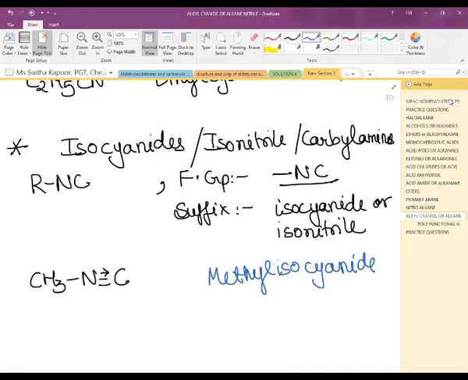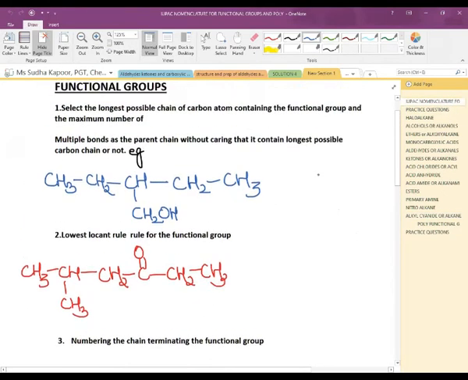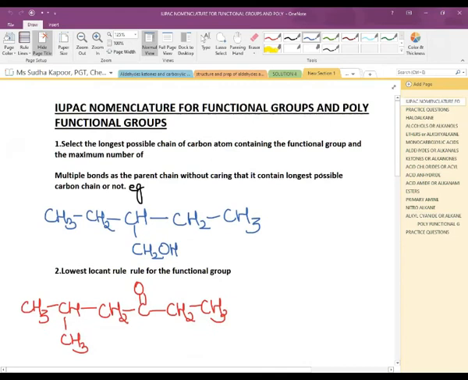Now we have to study the rules: how to name the functional group and how branching and other things get preference. Let us come to the various rules. The first rule: select the longest possible chain of carbon atoms containing the functional group and the maximum number of multiple bonds.